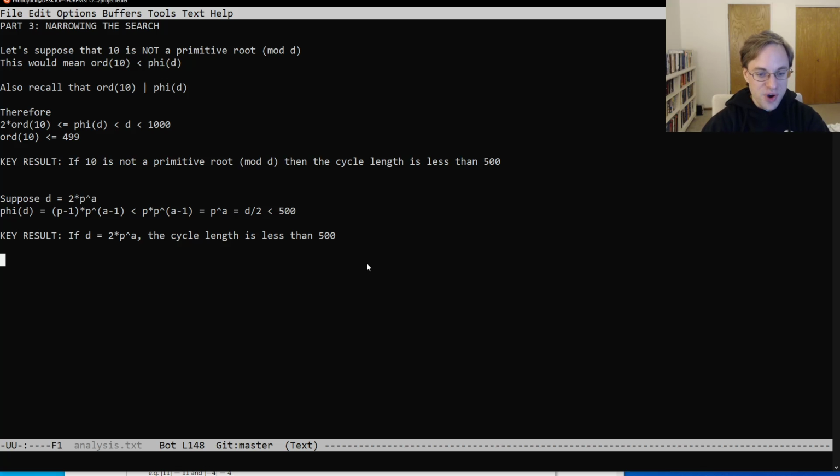Okay, so now we get to the big result of this section, which is that if our cycle length is greater than or equal to 500, D is a prime power.